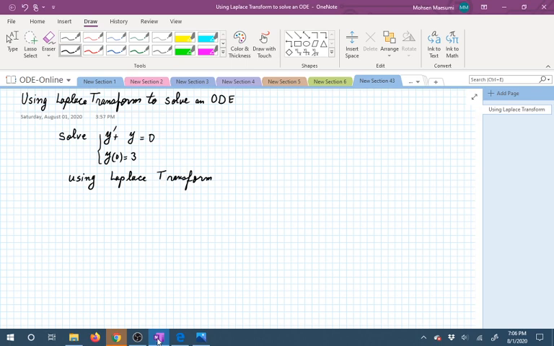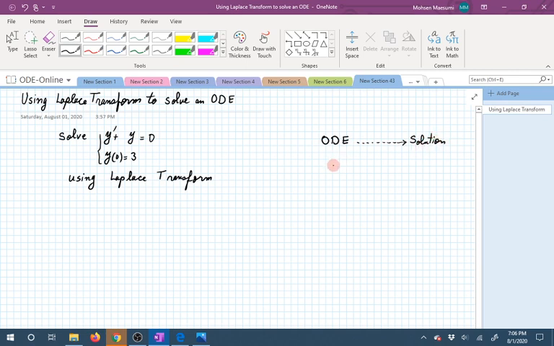So you remember that we said when you are considering an ODE, you have several ways of solving it. One of that is the traditional method we have talked about so far. You start with a certain type of ODEs and we learn how to arrive at the solution of it.